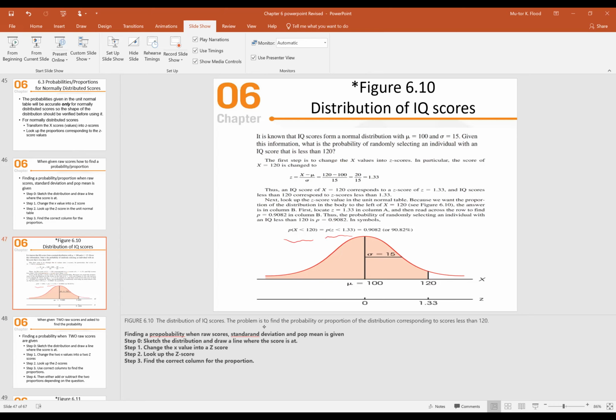Well, 1.33 is above the mean, and so we're looking for this whole shaded part here. We are going to look in our unit normal table for the z-score of 1.33, and because we're looking for the body, we're going to look across into column B to find the proportion in the body. So let's do that.